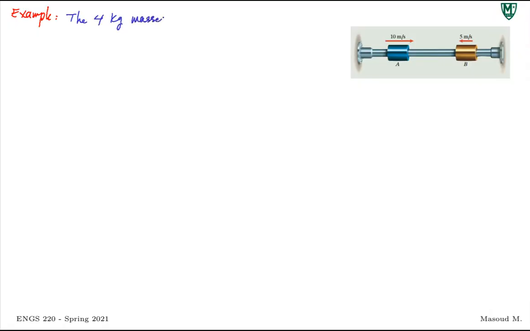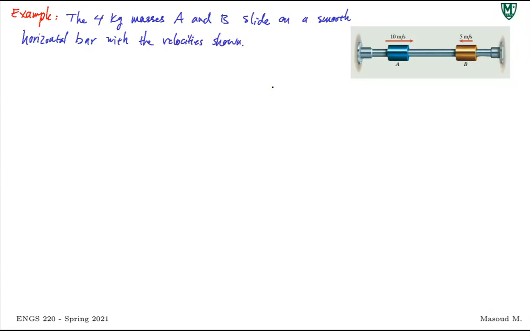They slide on a smooth horizontal bar, so there is no friction involved, with the velocities shown. We want to find the velocities after the impact.